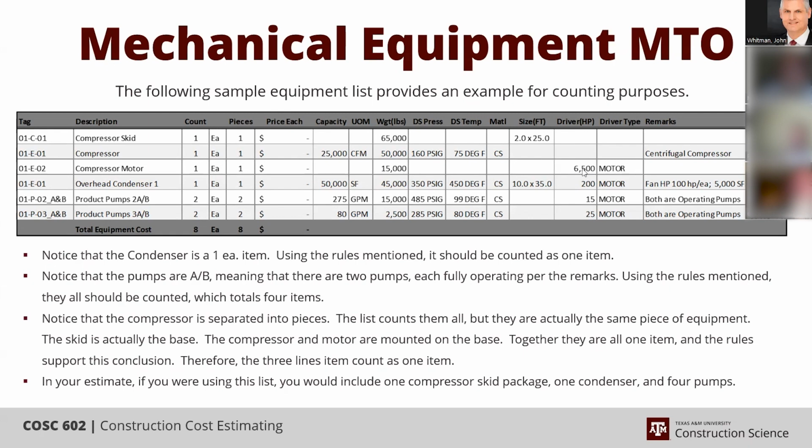Can I quickly ask a question? Yes. Actually, from what I'm looking at, you tie the price to the horsepower, like the point system in electrical? Do you do that? The price, if you have histories, you can price it by horsepower, but it needs to be by horsepower and type.